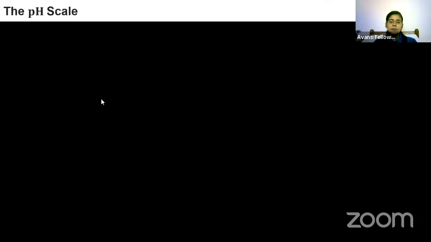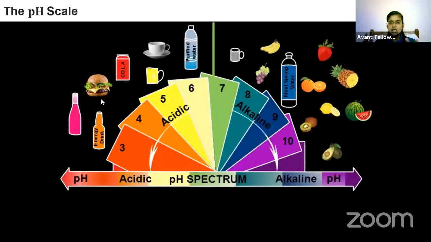Let me show you the pH scale. All of you can see the picture, right? From 1 to 7 pH, substances are acidic in nature, 7 means neutral, and after 7, they are called basic or alkaline in nature.